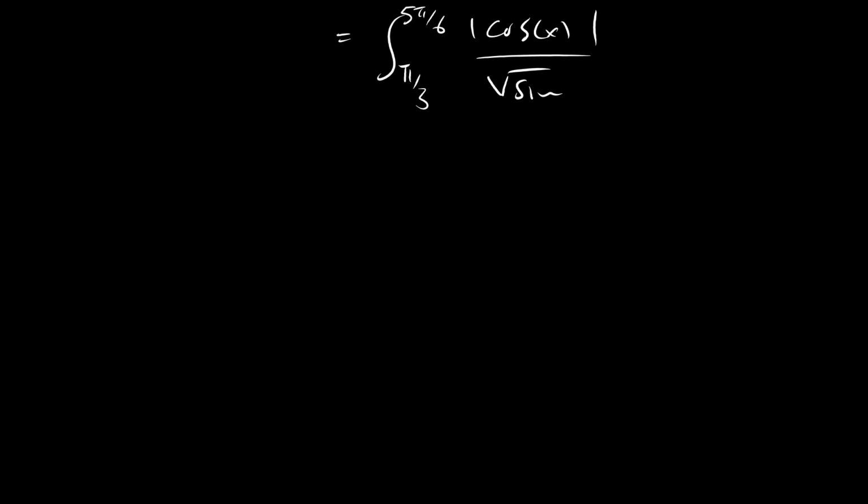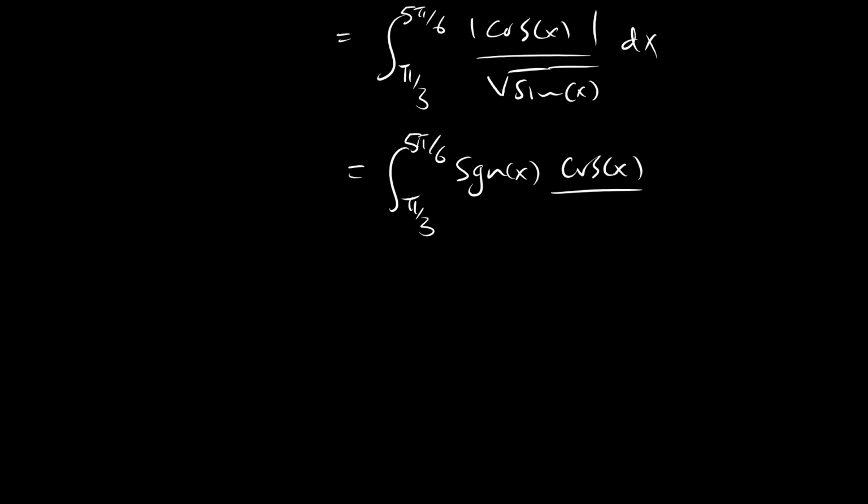And so if our problem is as follows, then it means that we have the absolute value of cosine of x, which equals negative cosine of x when cosine of x is less than 0, and positive cosine of x when cosine of x is greater than or equal to 0, right?